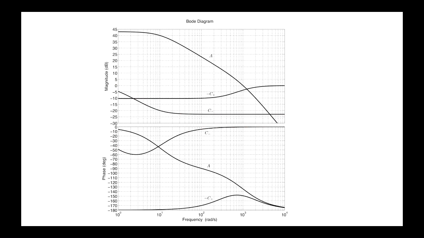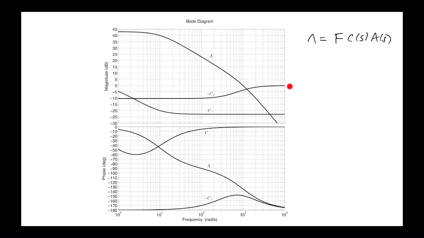All right? Now, the open loop transfer function, lambda, will be the product of F, the compensator, and A. What happens on a Bode plot when you take a product? Well, things add up. So if I've got F equal to 1, that'll be a line here at 0 dB.